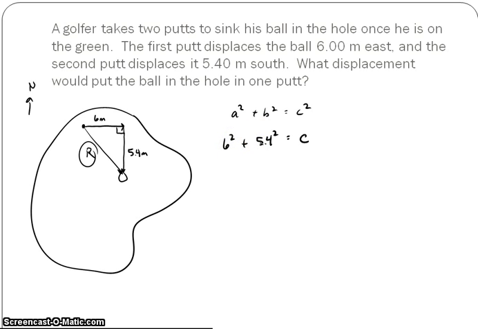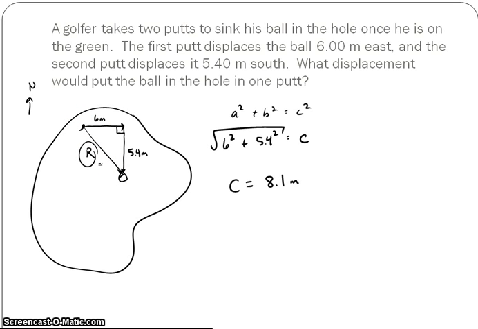On the calculator, 36 plus 5.4 squared, then the square root of that answer. The c value comes out to 8.1 meters, the distance from here to here. That's the displacement we would need to put the ball into the hole in one putt.